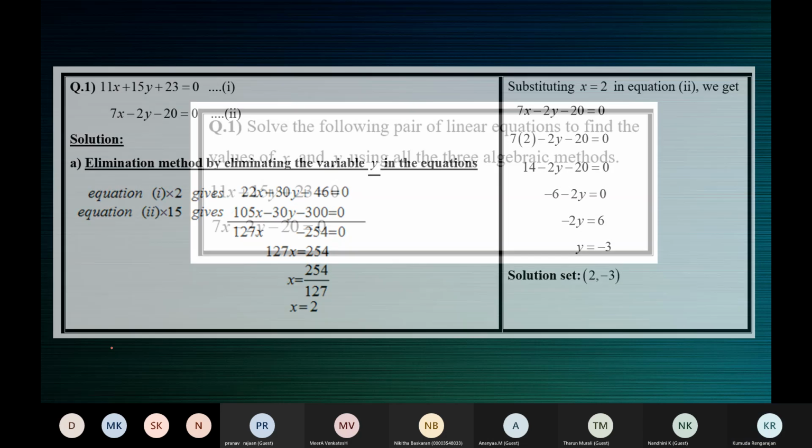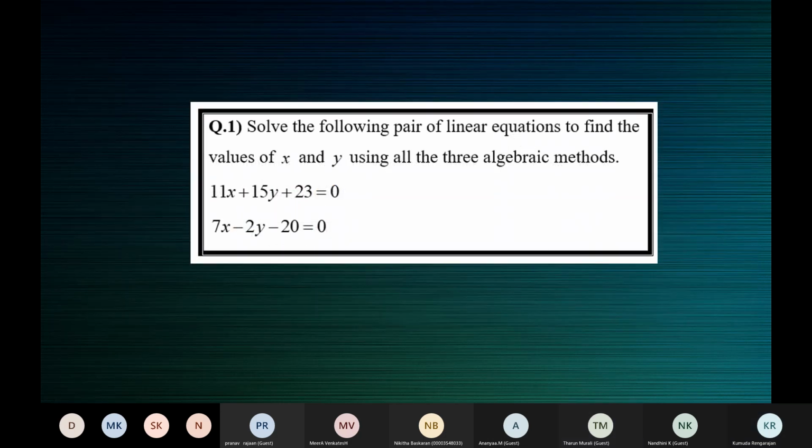Please write down, children. This is the heading. Please work it now.